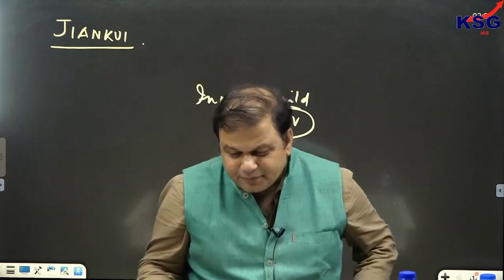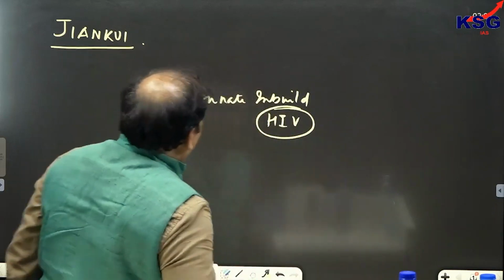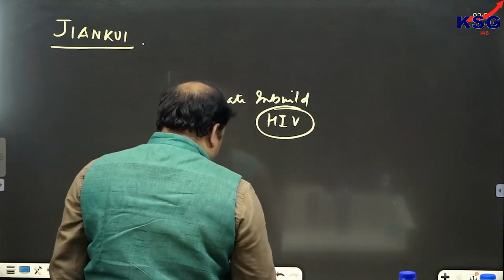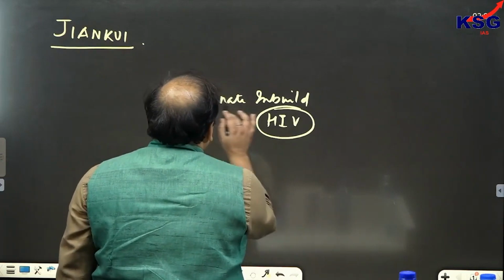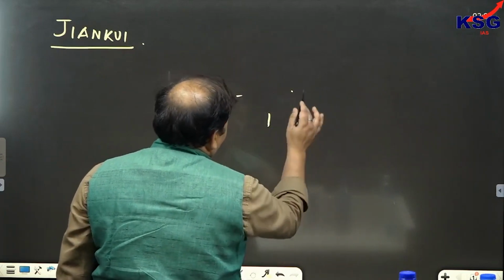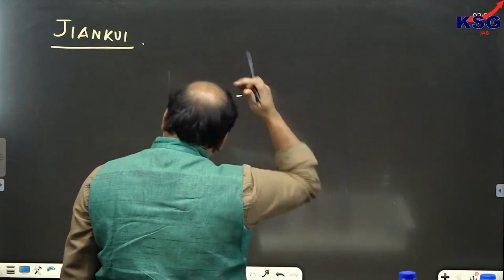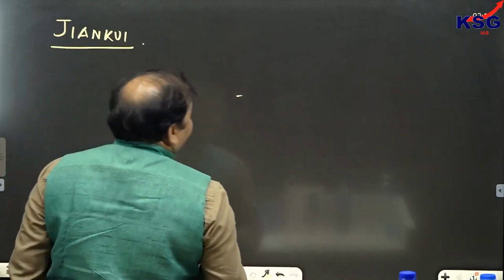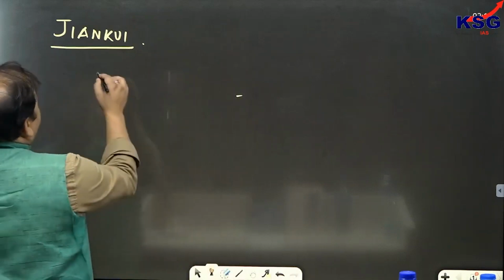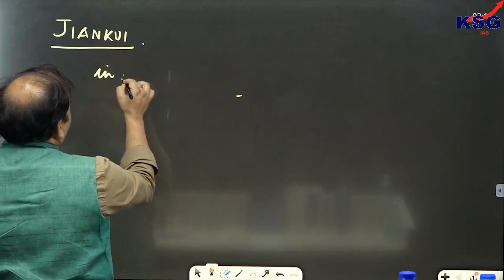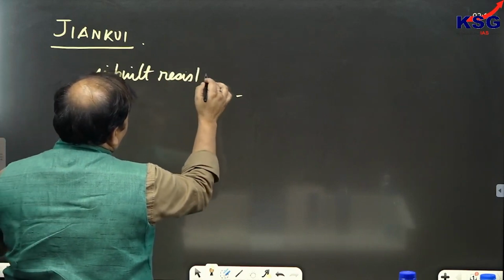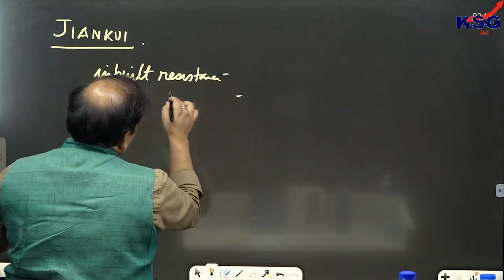Let's discuss that also. Now, we can see that Jian was a Chinese scientist and he was responsible for developing two twins. Name याद रखना जरूरी नहीं है, but these two twins had innate resistance, that is inbuilt resistance to HIV.